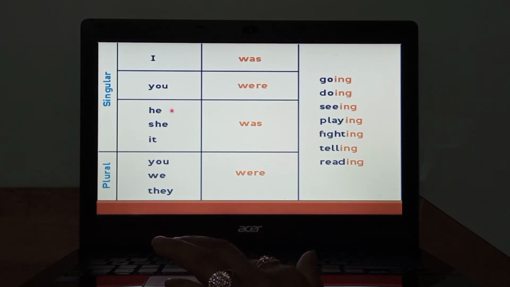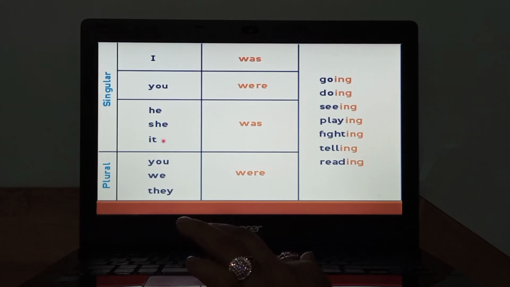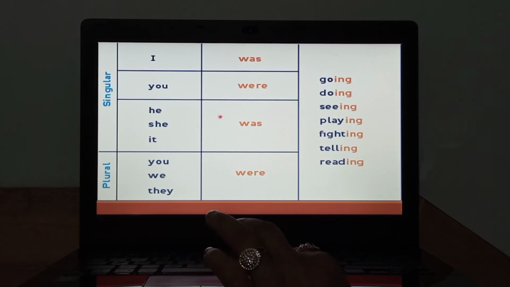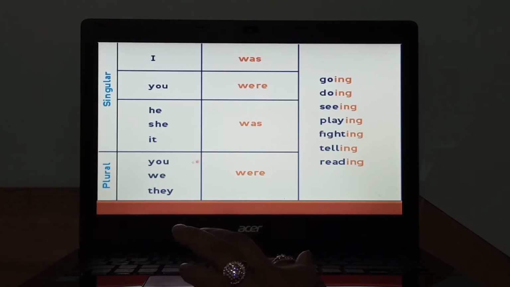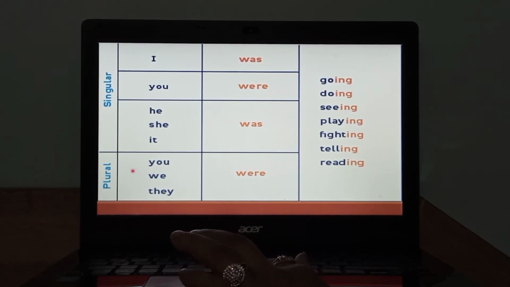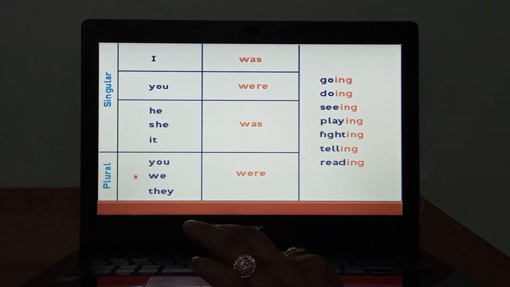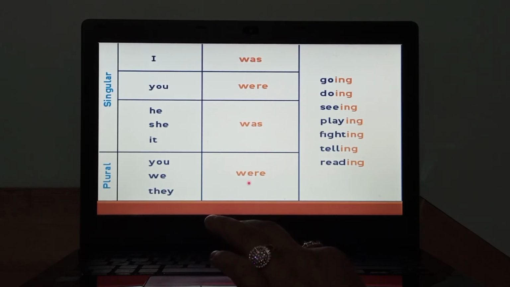And if the subject is third person, that is he, she, it, or any name, we will use here was. For the plural, second person, first person plural and third person plural, we will use here were.